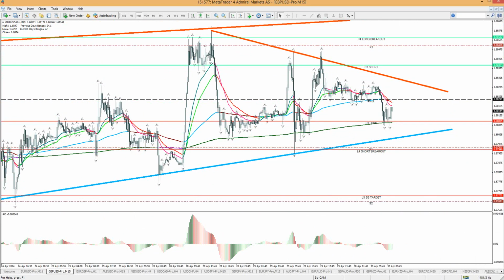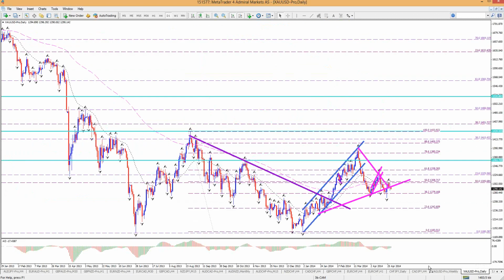Let's take a look at XAU USD. Pedro is asking about that. And certainly we'll keep trend lines in mind. Let's take a look. This is what I have on the daily chart at the moment.